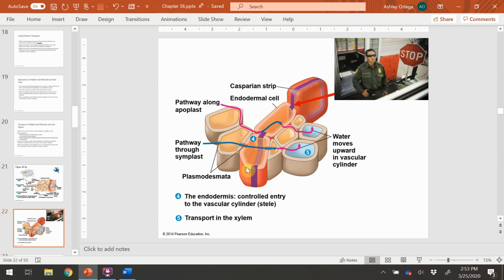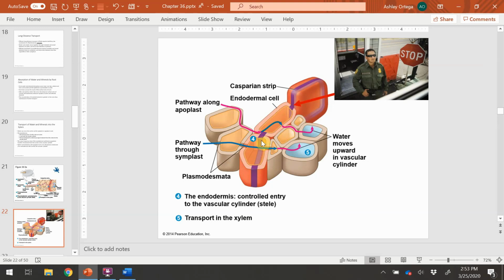These will regulate the entry of molecules to the vascular cylinder or the vascular tissue. And so on this endodermal layer, they have something called the Casparian strip. This Casparian strip is like a waxy protective covering that prevents things from just crossing through the membrane to the vascular cylinder.